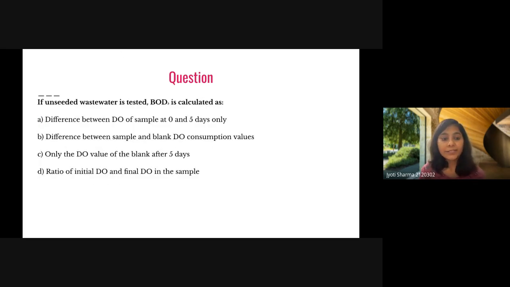Okay, the next is: if unseeded wastewater is tested, then how is BOD5 calculated? The options are: the difference between DO of sample at 0 and 5 days only; difference between sample and blank DO consumption values; only the DO value of the blank after 5 days; ratio of initial DO and final DO in the sample.